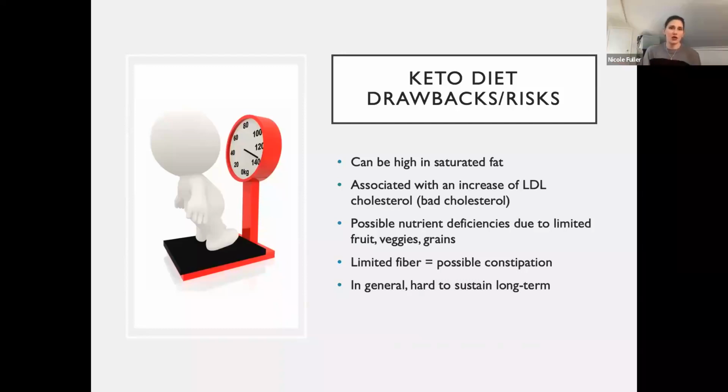That's another drawback or risk. And in general, this type of diet is hard to sustain in the long term. It might be a temporary fix, but if you want to go on this diet when you're 50 years old, and you live till you're 85, that's 35 years that you're going to be eating on this diet. That's very strict. So it's not really practical.